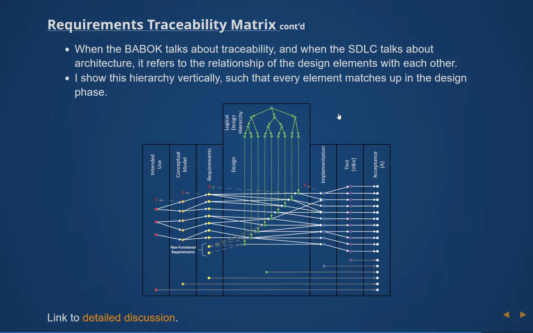I showed them they should match up in the design phase. So you can think of them marrying up; it's two views of the same series of items that marry up perfectly.